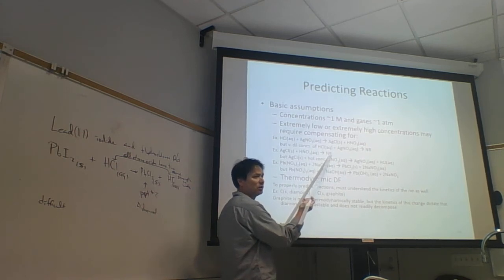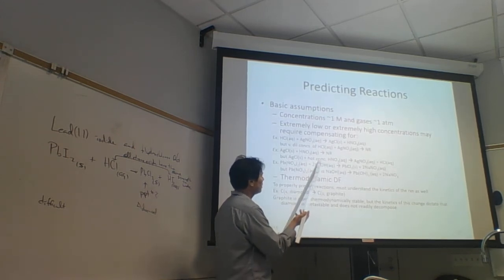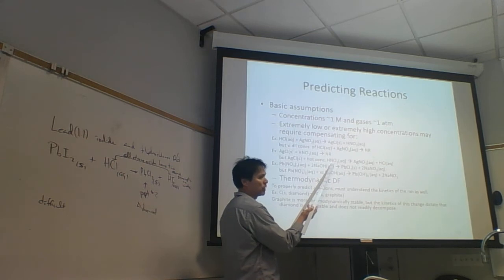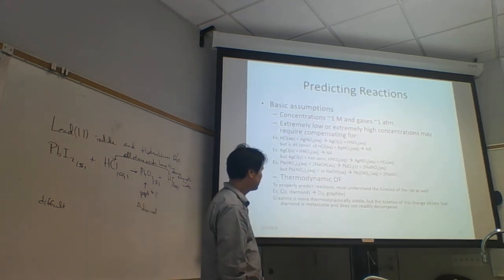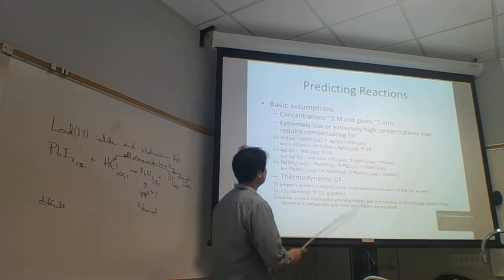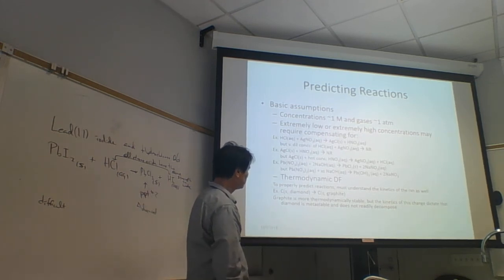NR stands for no reaction because we're going uphill. But when we combine silver chloride with hot concentrated nitric acid, then we get a reaction. And so things can change if the conditions change. So we just have to realize that what we're talking about are these types of conditions.